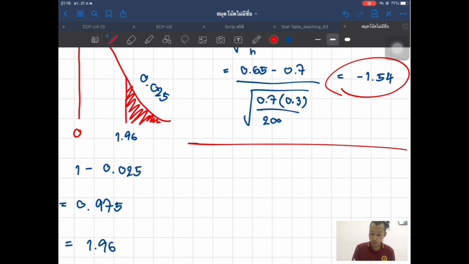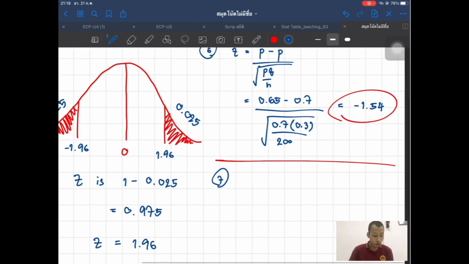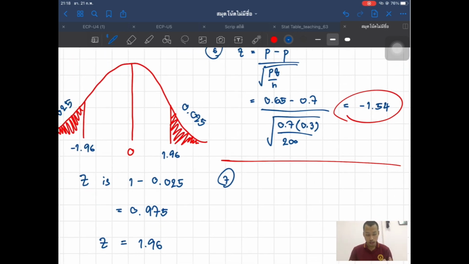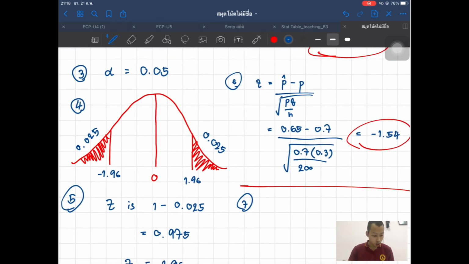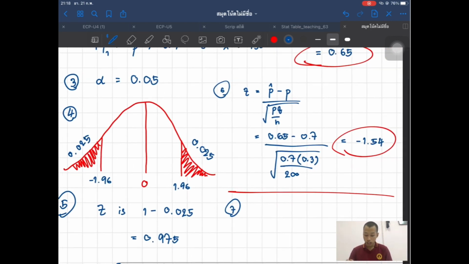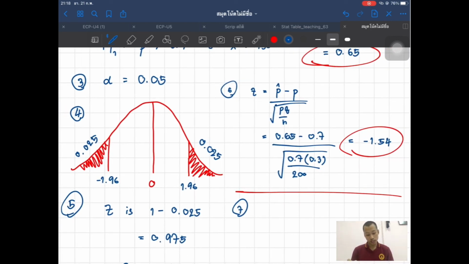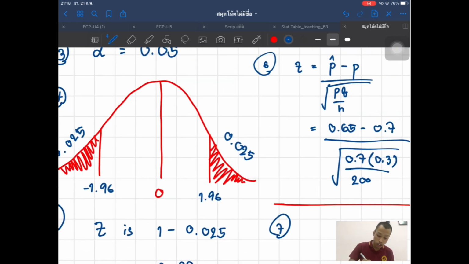Okay, the last step, step 7. So we're gonna place the Z value on the graph. So negative 1.54 is like this. Note that this value is not in the region to reject the null hypothesis.